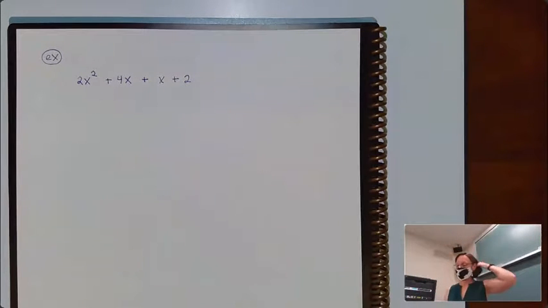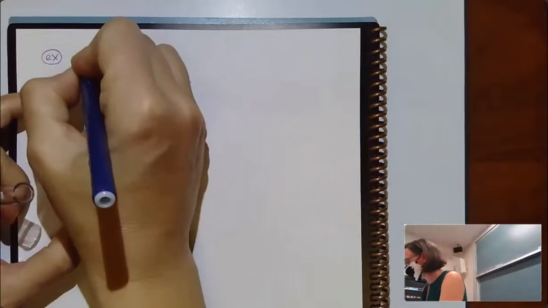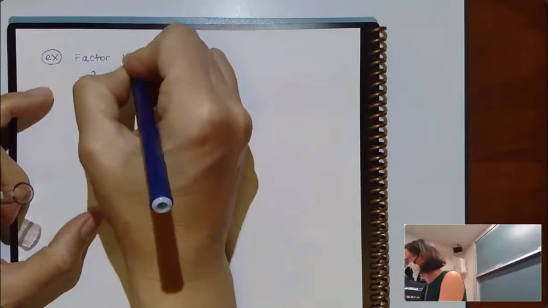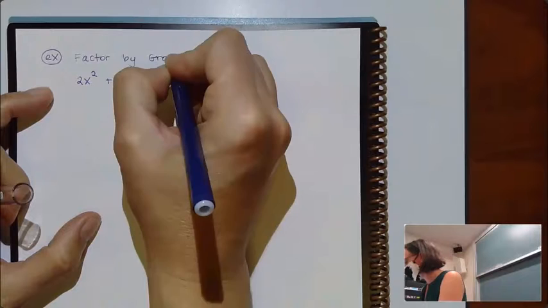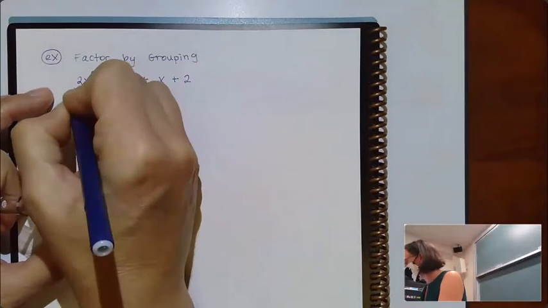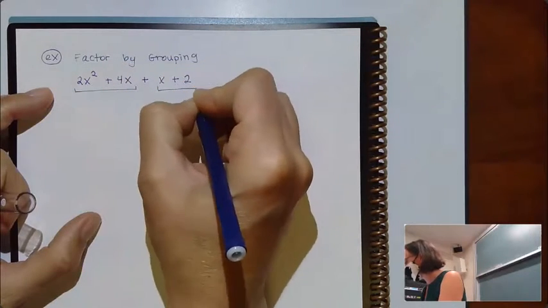We're going to do this together because this is actually one of the things that I always struggled with in factoring by grouping, because something weird is about to happen. Okay, we're going to factor this by grouping. So I'm going to look at my two groups.